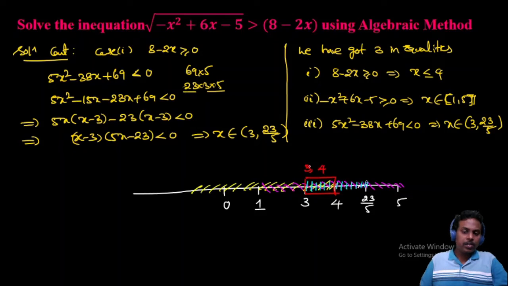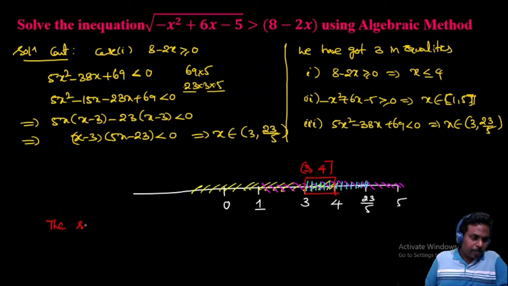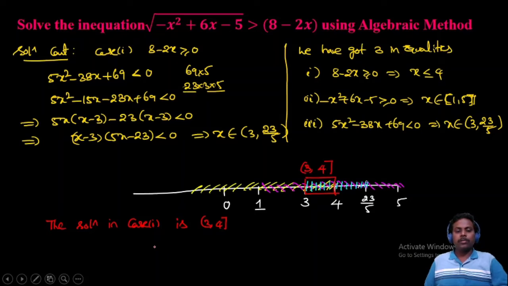The answer is open 3 to closed 4. 4 is allowed. So the solution in case 1 is the interval open 3 to closed 4.